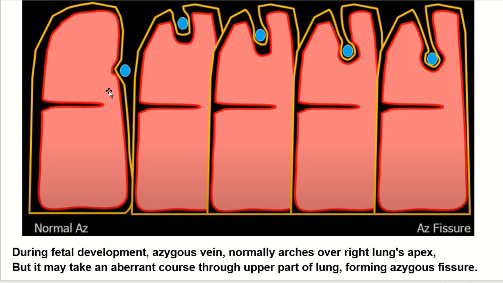This is the development of the azygous lobe. Normal position of the azygous vein. When its course is abnormal, it creates a separate lobe and fissure, situated and connected with the upper lobe of the right lung.